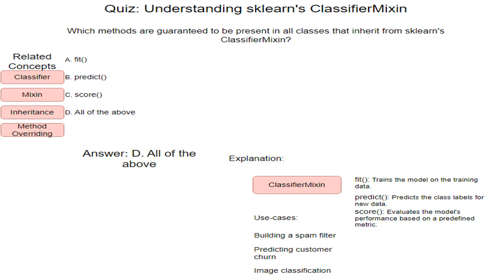A classifier is a machine learning model that predicts the class label (category) of a given data point. A spam filter uses a classifier to classify emails as either spam or not spam. Let's consider a simple example where we want to classify emails based on the presence of certain keywords.